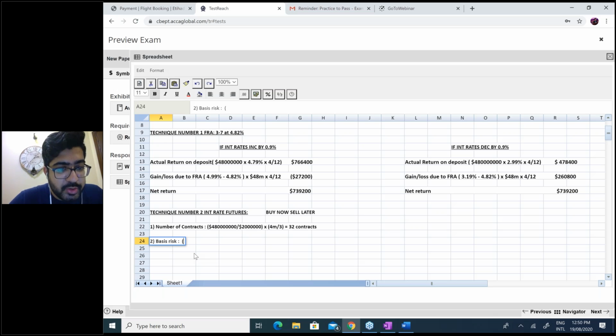Remember, spot price is always 100. Spot is always 100, no other chance. LIBOR is the London interbank offer rate, the interbank rate. The interbank rate is 4.09. So spot 100 minus LIBOR less futures price, that's given.